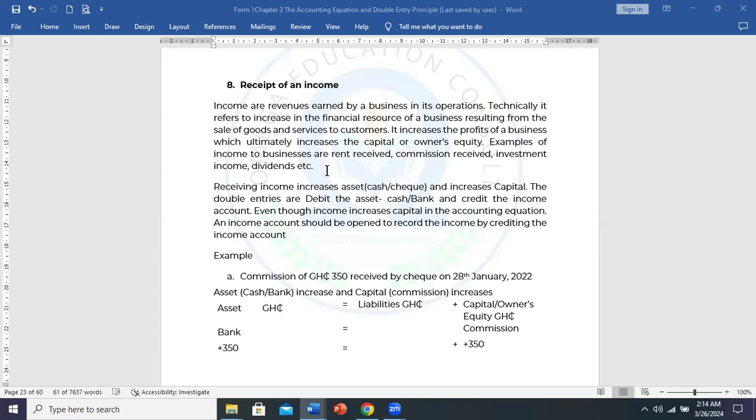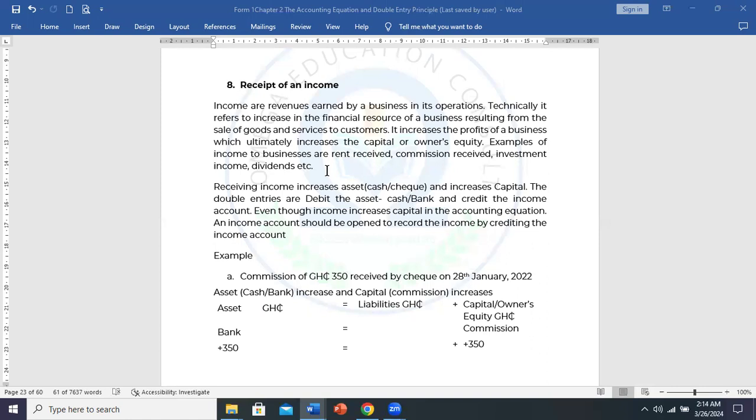It could also be another form of revenue or gains resulting from operations of the business. For example, if a business invests in treasury bills. So let's say Prof. Bishop is into buying and selling of shoes and the business has gotten some money.